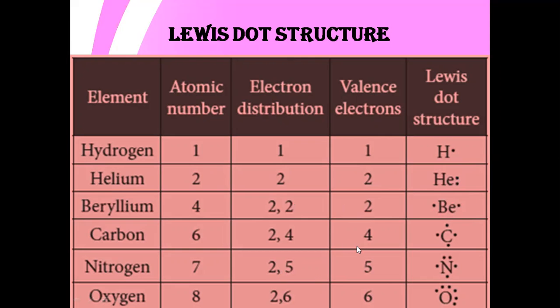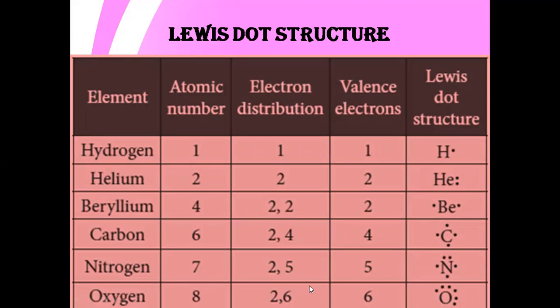Next carbon, valence electrons 4. In the Lewis dot structure, the dots are equally distributed on all the sides. Next nitrogen, valence electrons 5. So 2, 3, 4, 5, all the sides are covered.